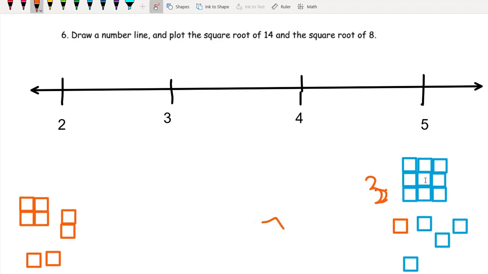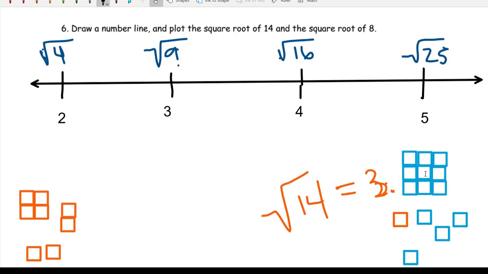So the square root of 14 is going to be 3 something. We don't know what, so we'll say the square root of 14. Knowing that, looking at 14, I know it's going to be 3 decimal something. So it's going to fall between the square root of 9 and the square root of 16.